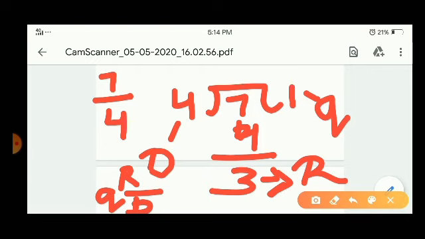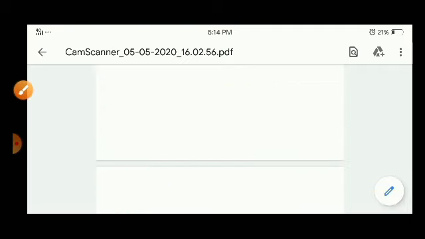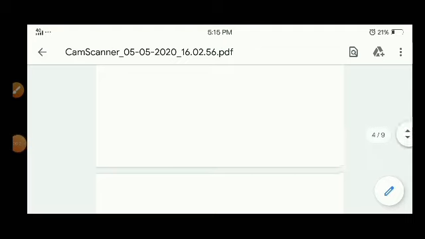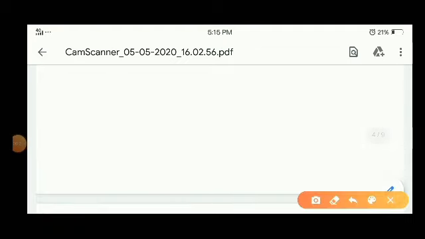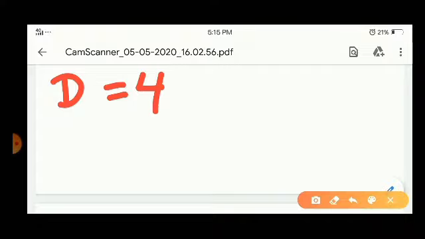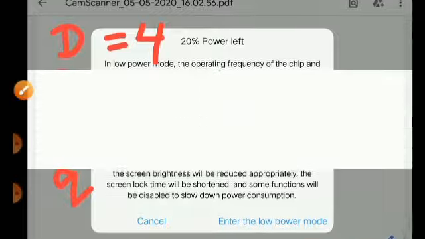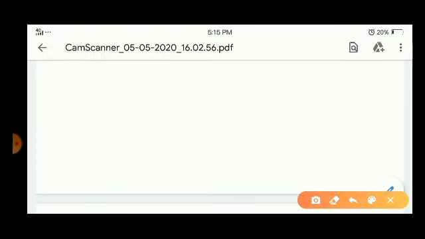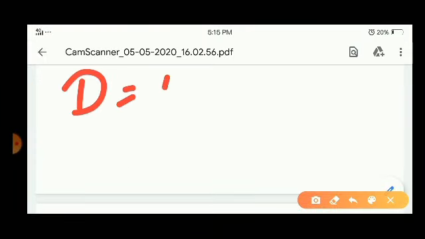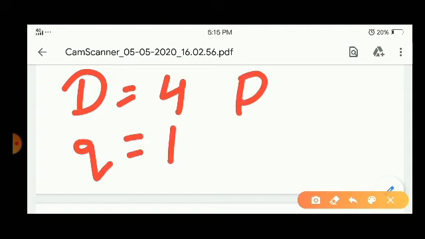So let's have that. D, right, is 4. Your quotient, Q, is 1, right? Divisor is 4, quotient is 1, and your remainder, R, is 3.